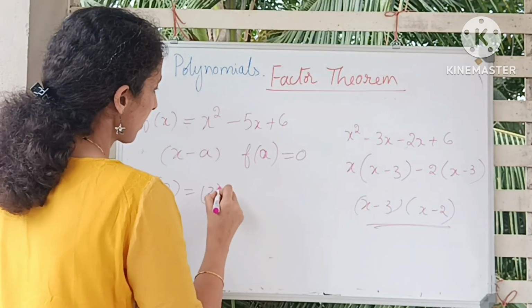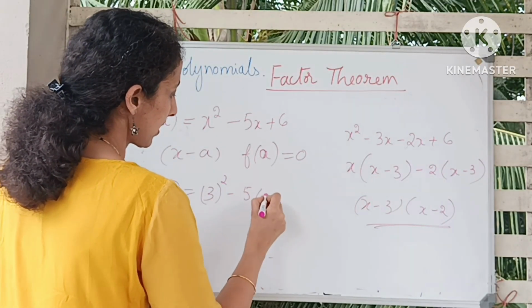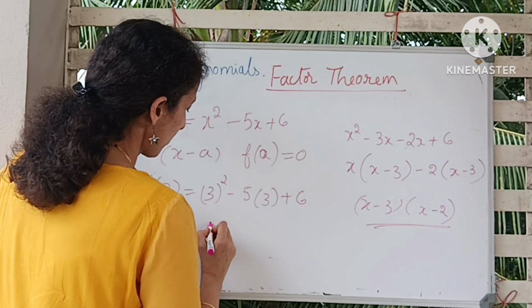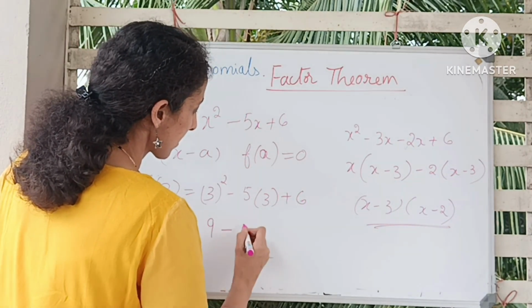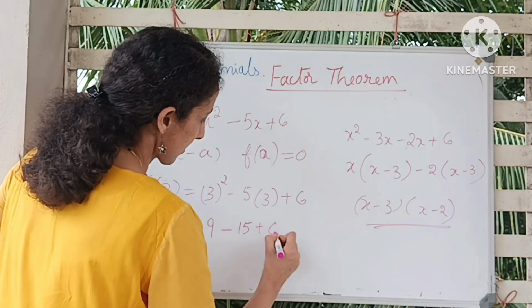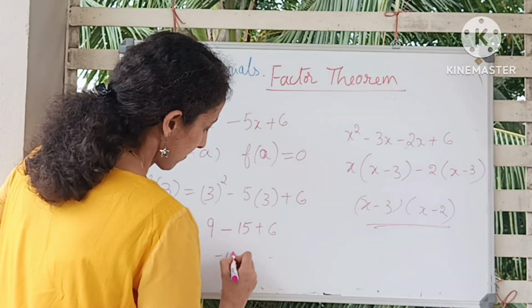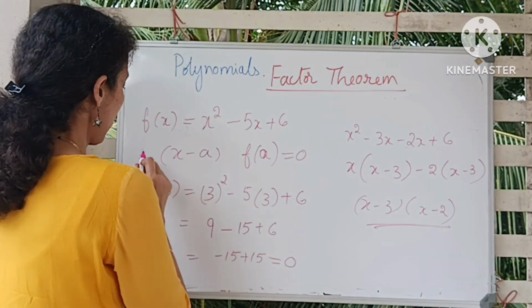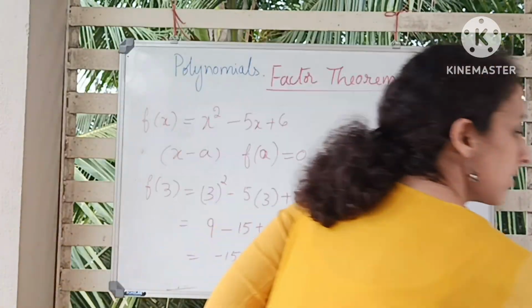Here 3 square minus 5 into 3 plus 6, this is equal to 9 minus 15 plus 6 is equal to minus 15 plus 15 is equal to 0. So f of 3 is 0.